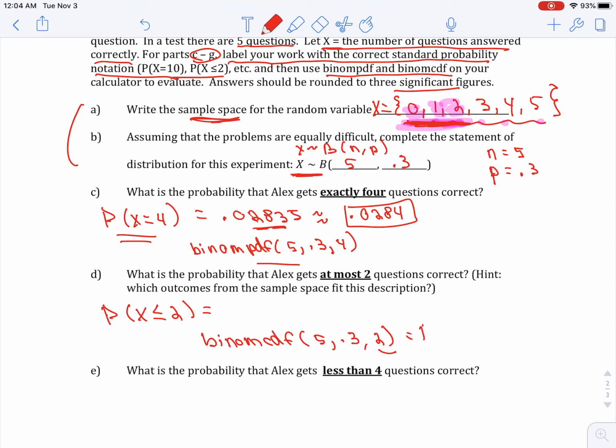It'll add up the probability that X is equal to 0, plus the probability that X is equal to 1, plus the probability that X is equal to 2 for us. So we don't have to do it. And again, I'll let you go to your calculator and do that. This is going to turn out to be 0.83692, or approximately 0.837. So I'm going to stop here, and I will do another video for the last three.